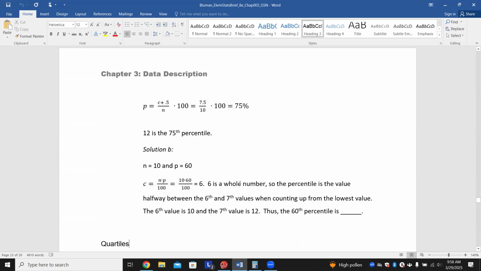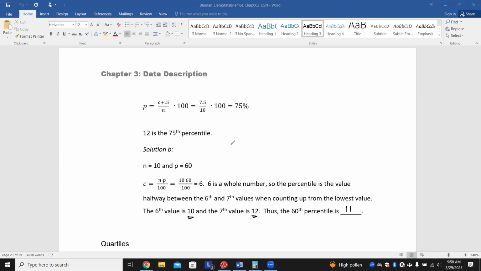Since 6 is a whole number, the percentile is the value halfway between the 6th and the 7th number. The 6th number was 10 and the 7th number was 12, so the 60th percentile will be 11. Had this been a decimal, let's say 6.1, then we would just round up to 7, and it would be whatever the 7th number is.